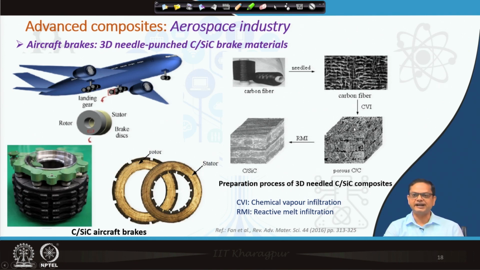So, it is infiltrated with again carbon, and that can be done in different ways. This carbon infiltration can be done by different techniques. I am not going into those topics.